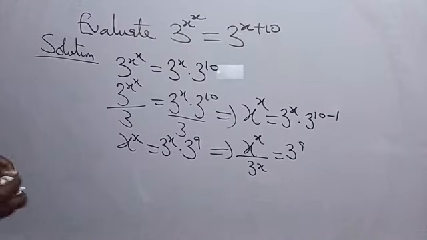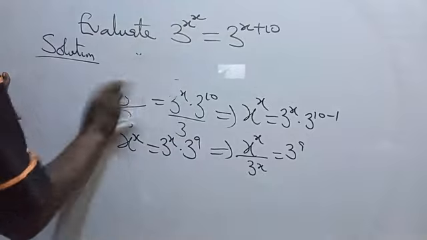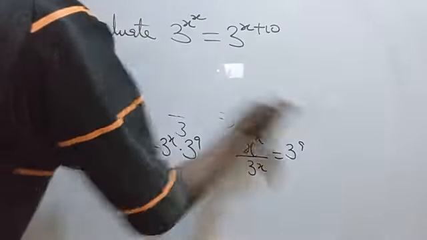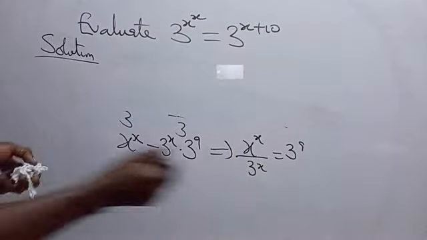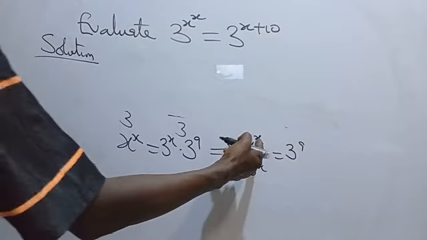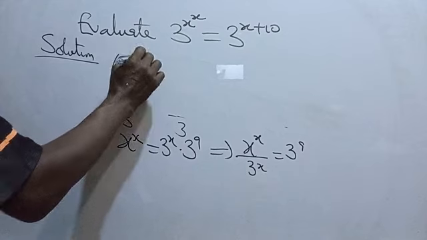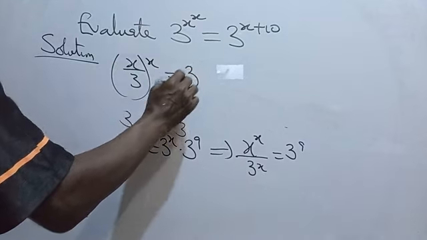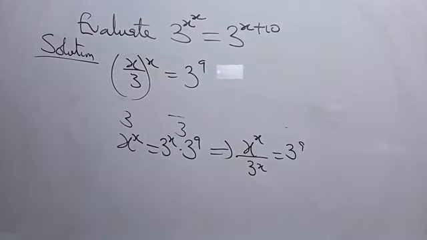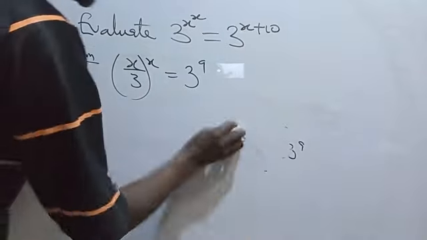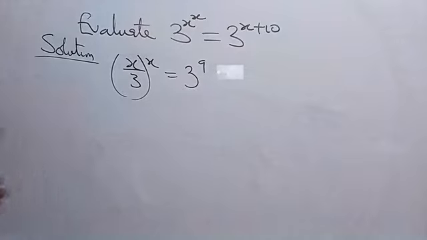So now, what next? Moving on. Let's do this. The next thing now is you can rewrite this since the exponent is common, this will be x over 3 raised to x is equal to 3 raised to what? 9. Beautiful. Now, to remove the load on the exponent on the left hand side, we have to be very pragmatic here and be technical.